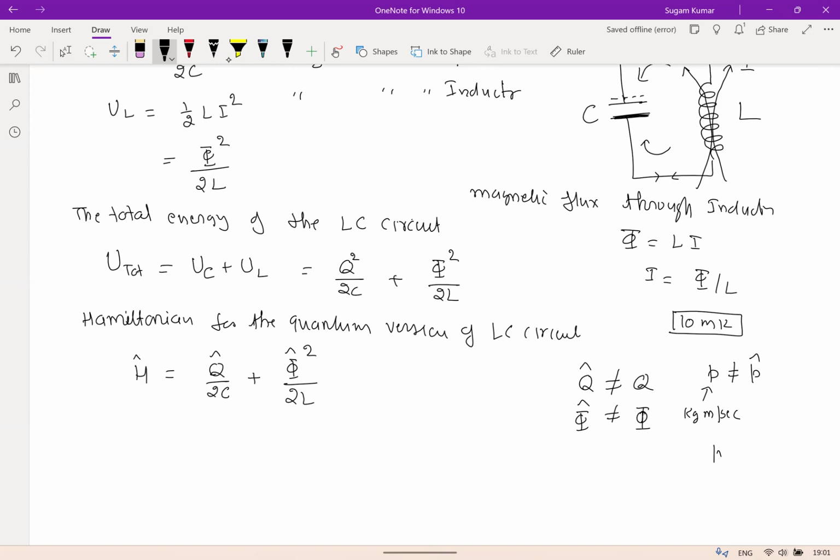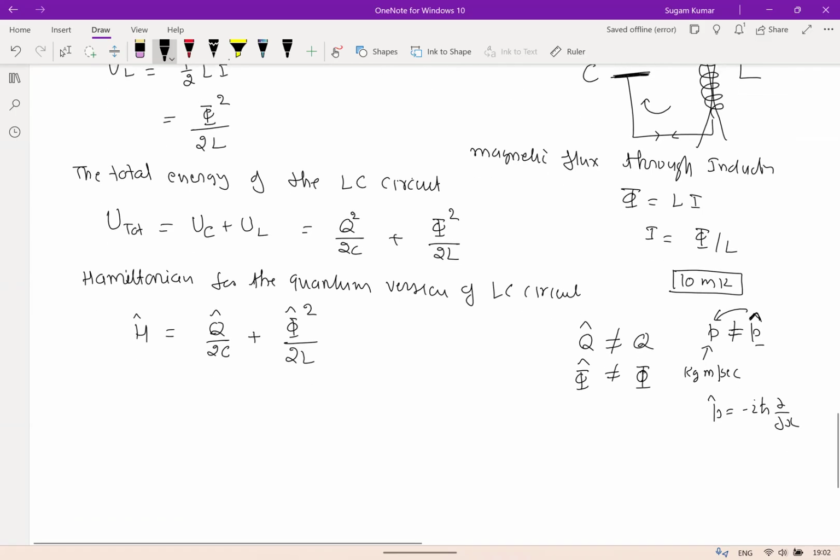But the momentum operator is the operator minus i h-bar del by del x. This is a mathematical operator. This P is not equal to this P. That's why you use this cap or hat at the top. So keep in mind that these two are different things.